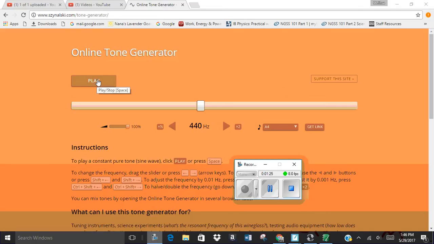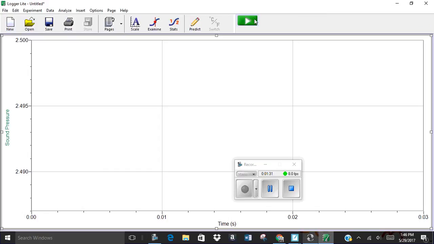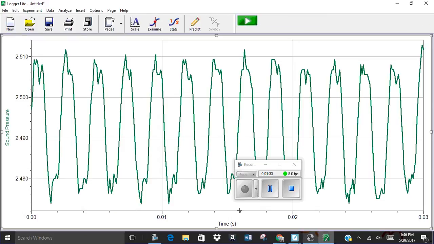So I'm going to go to 440 hertz. And you'll see now that there's 1, 2, 3, 4, 5 peaks inside that same time interval. So this clearly shows that when I double the frequency, I halve the wavelength.